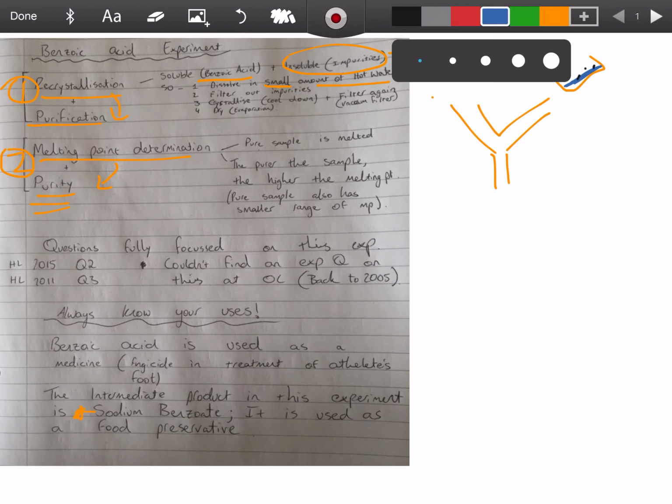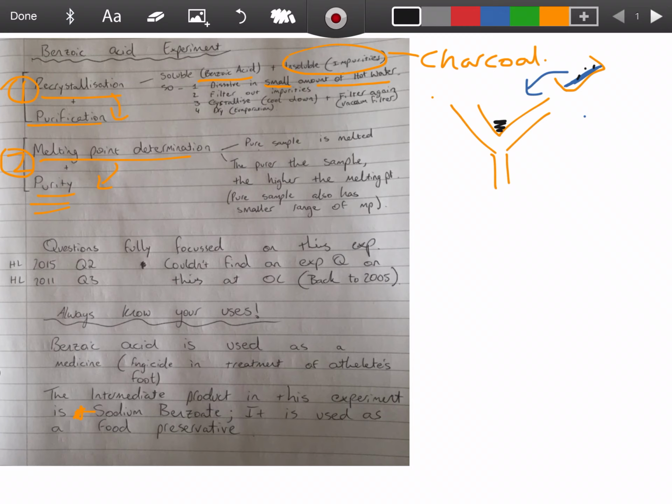As we pass that through the filter, the charcoal is going to stay there, and we're going to have the hot water with the benzoic acid still present, as it goes right through. So we've filtered off the charcoal. As we said, it filters out the impurities.